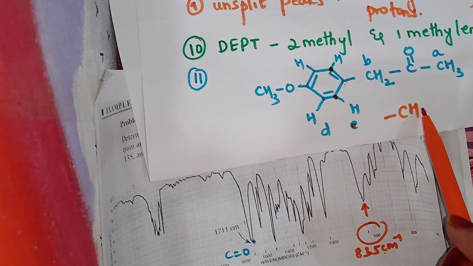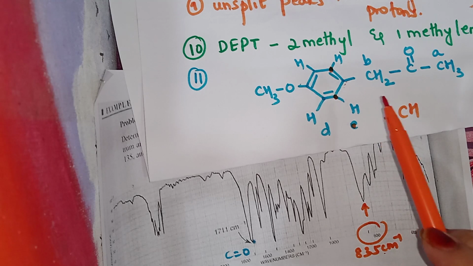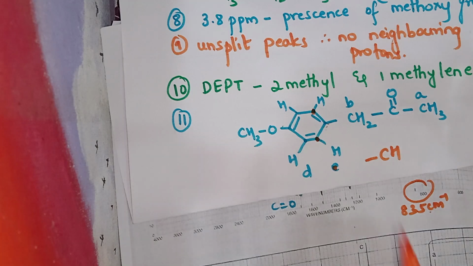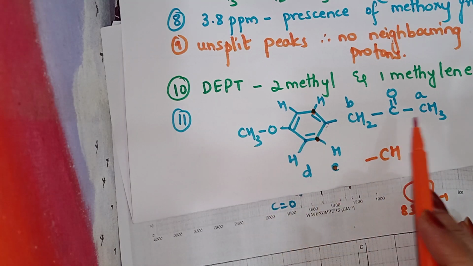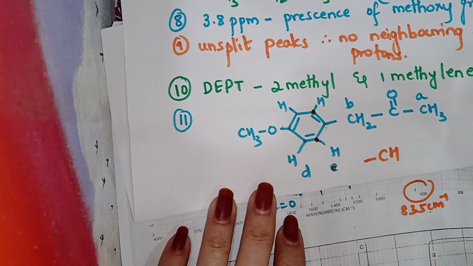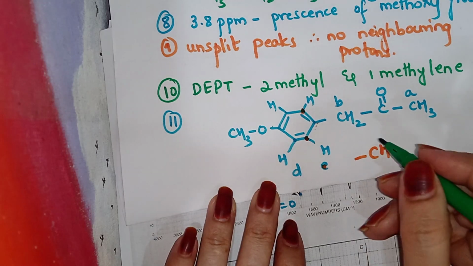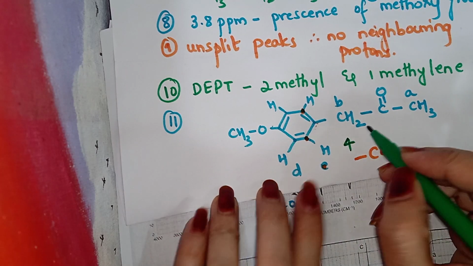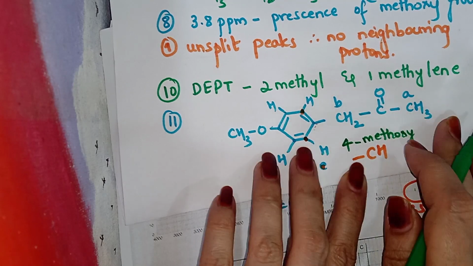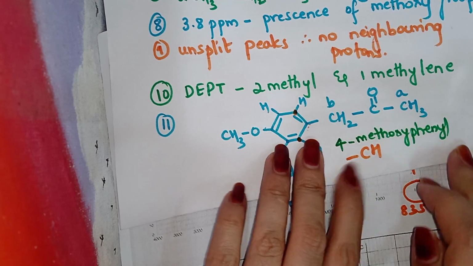Hence, this structure, which was found using the trial and error method, is found to be correct. When we name this compound, it is called 4-methoxyphenyl acetone.